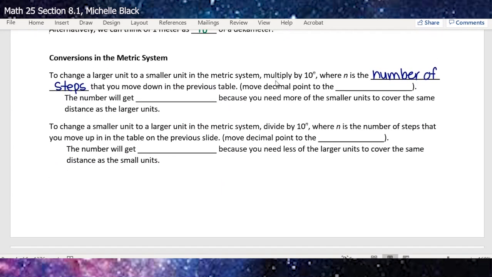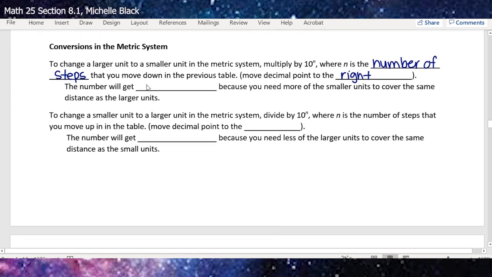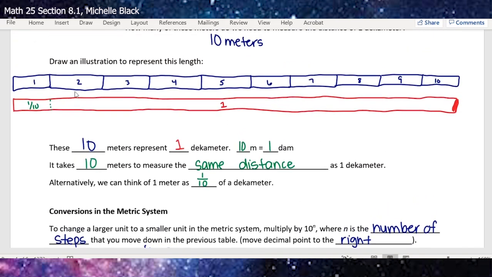Move the decimal point to the right. The number will get larger because you need more of the smaller units to cover the same distance as the larger units. Same thing we had up here. We needed more of the meters to cover the same distance as 1 decameter.